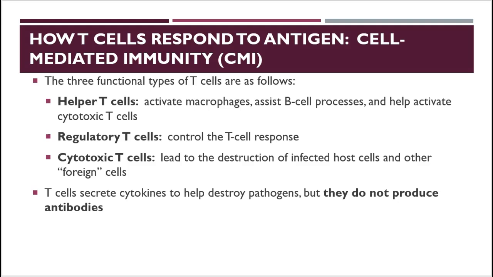These are the cells that attack cancer cells. They also attack other foreign cells like bacteria. T cells secrete a number of chemicals called cytokines that help to destroy pathogens, but they do not produce antibodies.